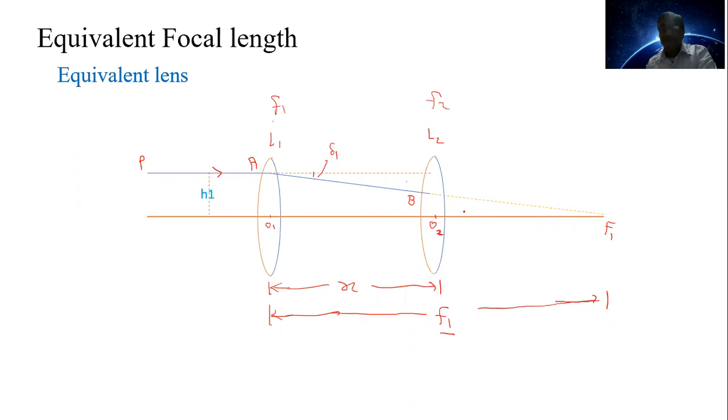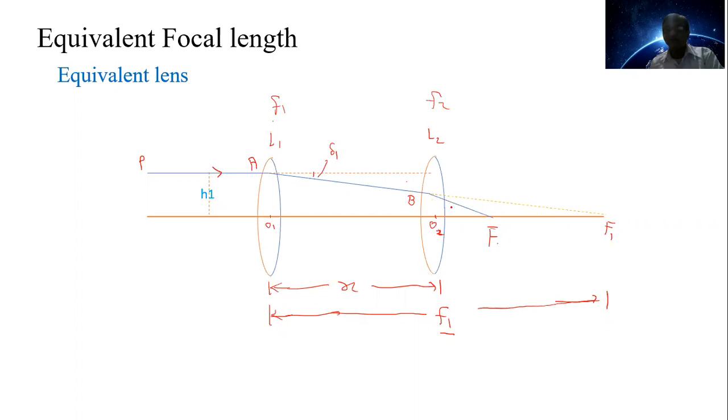Now then, here is the presence of the second lens. Due to this second lens, the light ray is deviated and it travels here along the path BF.